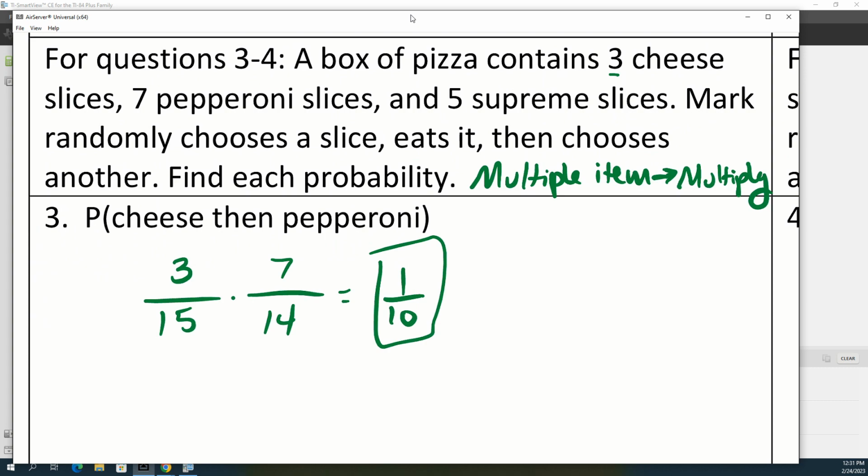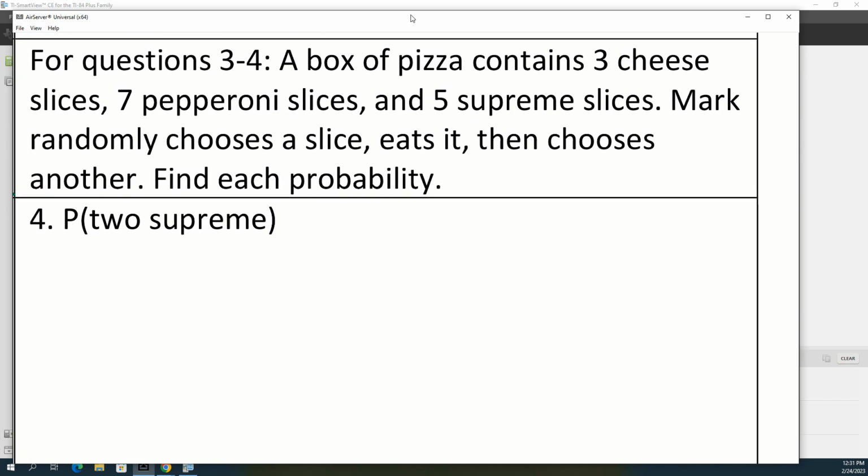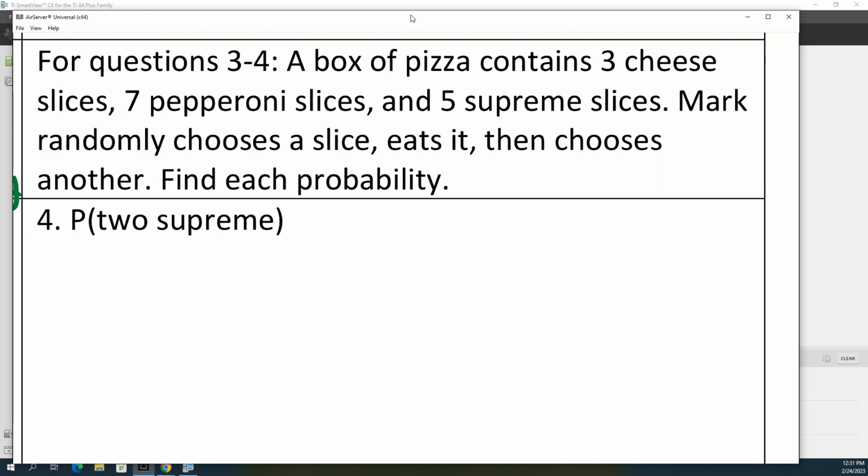All right, try to do this one. Same situation. I just reprinted it or recopied it. But this time I want 2 supreme.